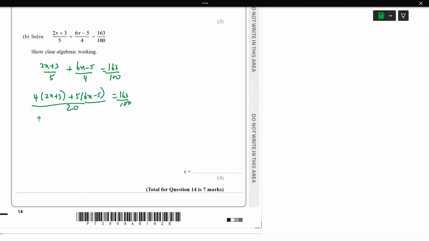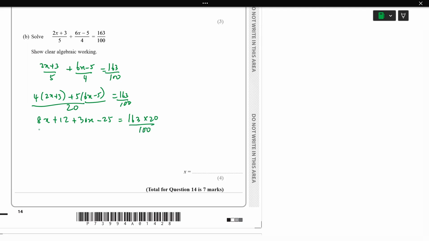Expanding the left side: 8x plus 12 plus 30x minus 25 equals, bringing the 20 to this side, 163 times 20 by 100.